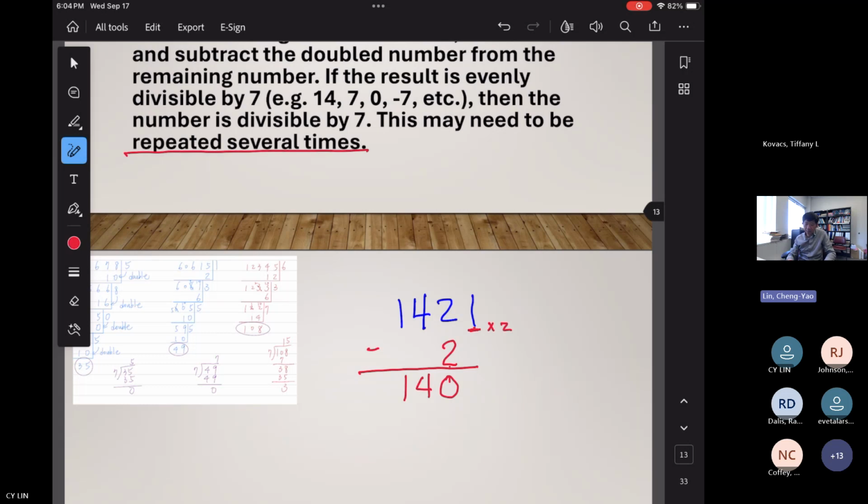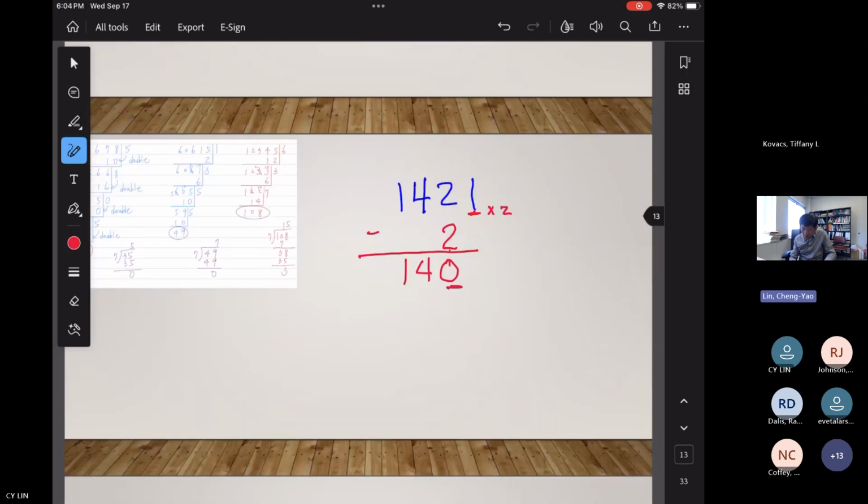So we take this number off, times 2, and double it again. I put it in here and subtract this. Oh, we got 14. So therefore, 14 is divisible by 7. So therefore, 1,421 is divisible by 7.